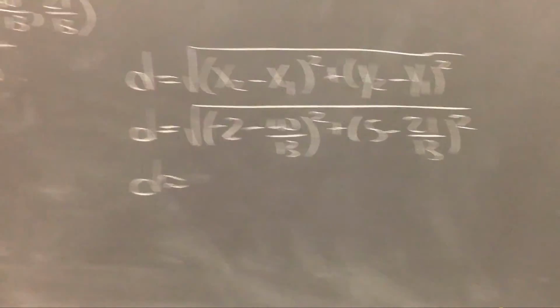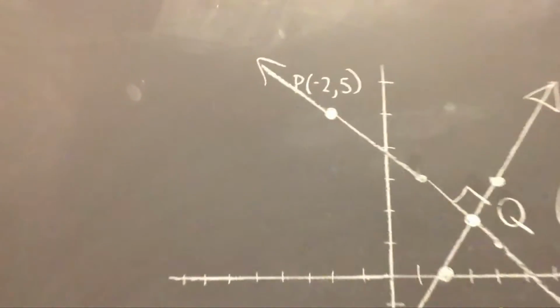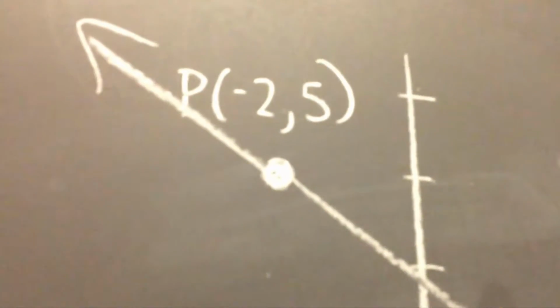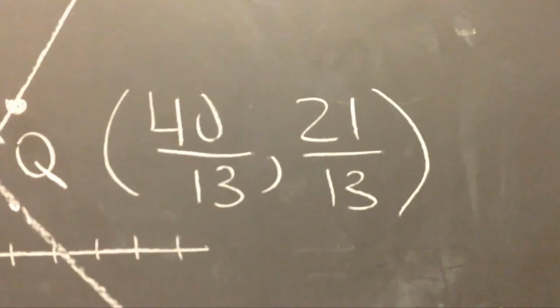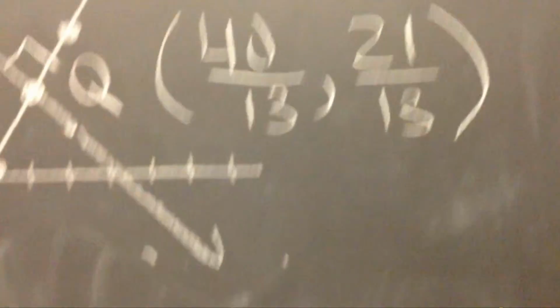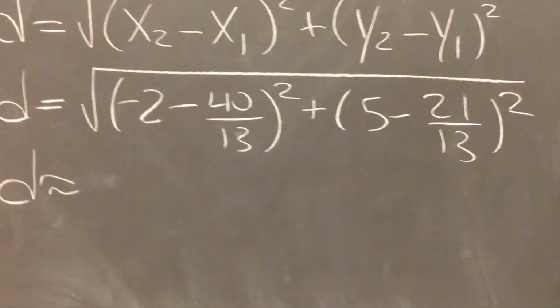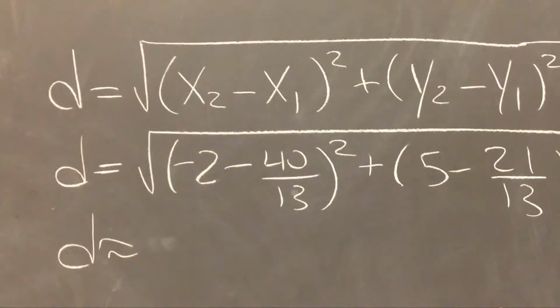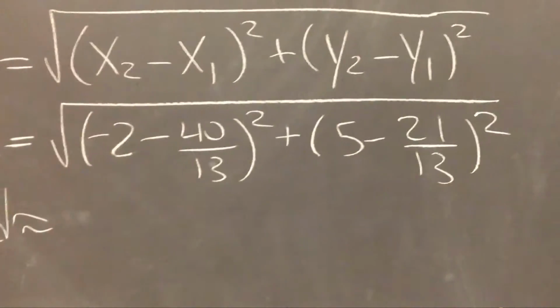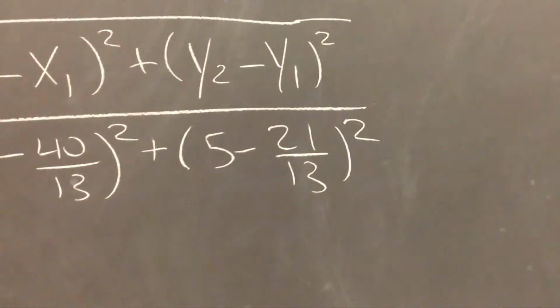I put in the numbers I know. P is located at negative 2, 5. Q is located at 40/13, 21/13. So the formula becomes negative 2 minus 40/13 squared plus 5 minus 21/13 squared.